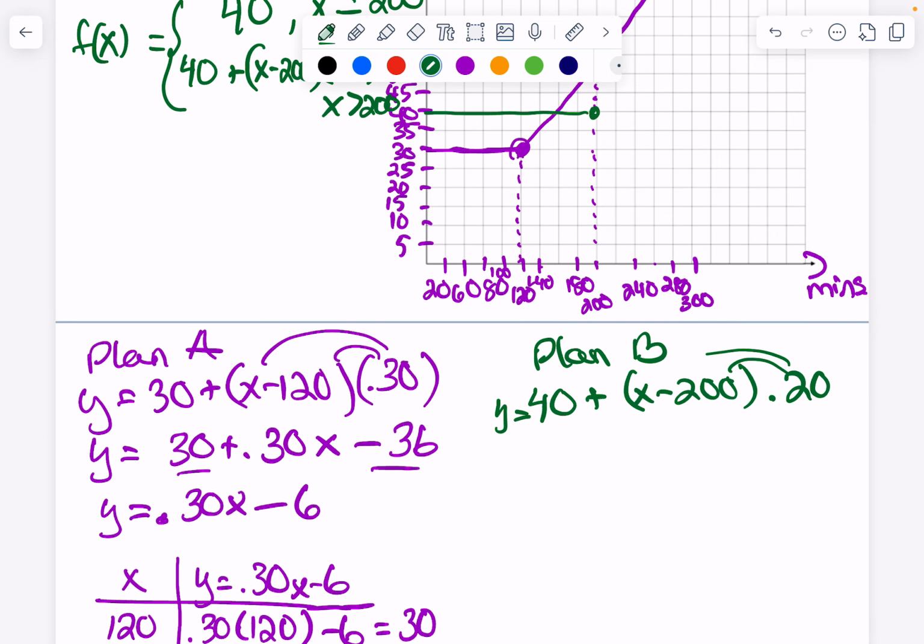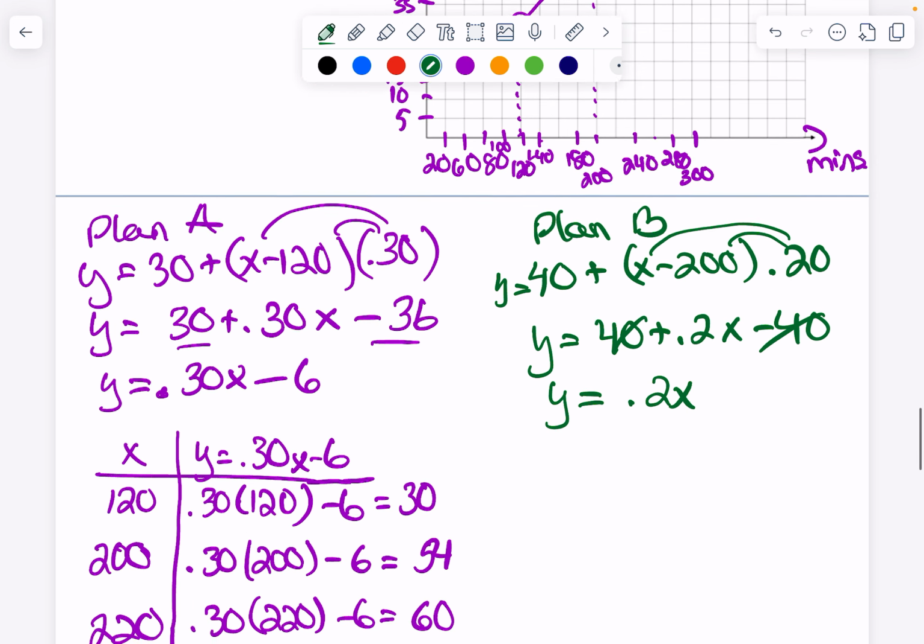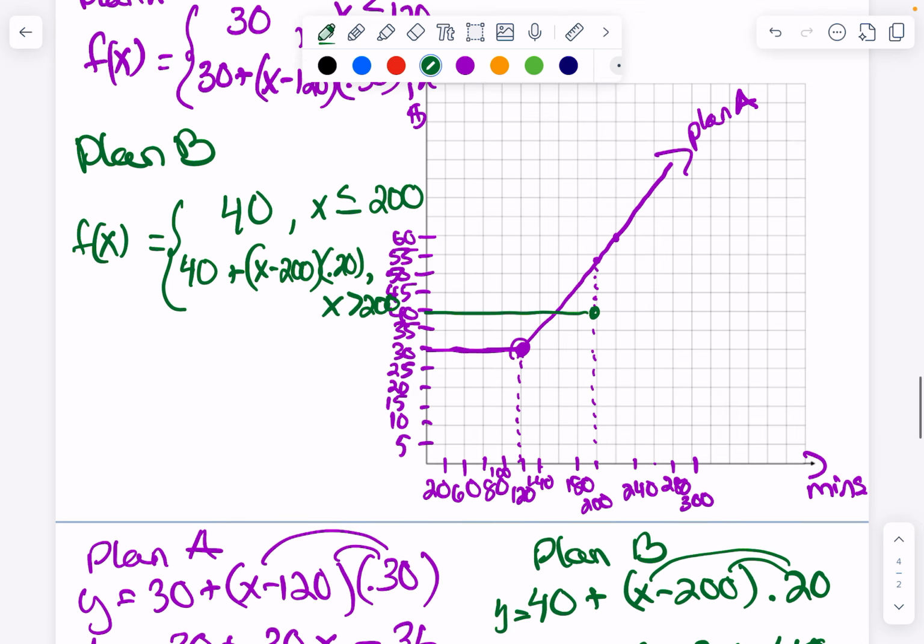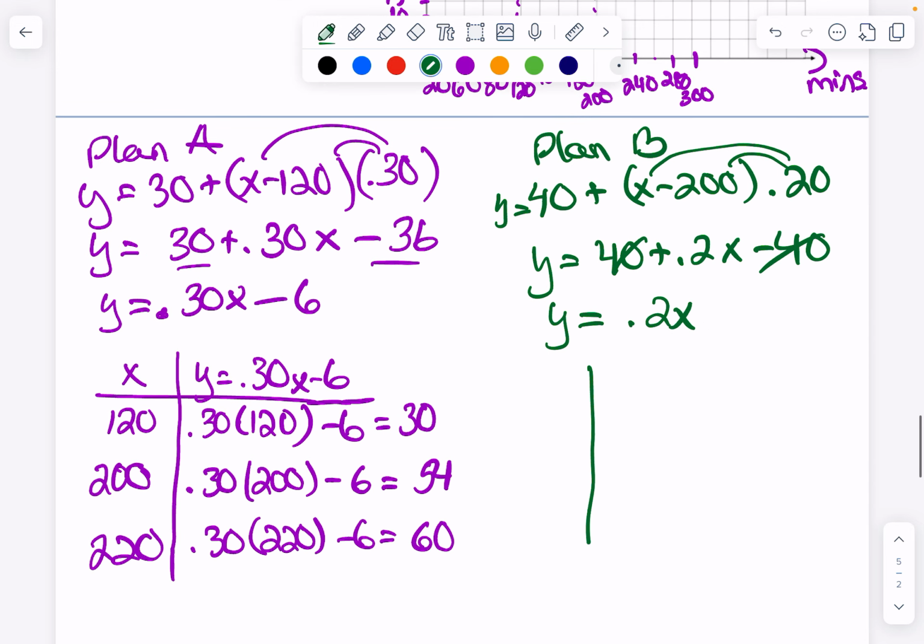We distribute this first, so y equals 40 plus 0.2x, and that ends up being minus 40. Minus 40 and plus 40 cancel each other out. So we end up with y equals 0.2x. And now, remember with this one, we are starting at 200.